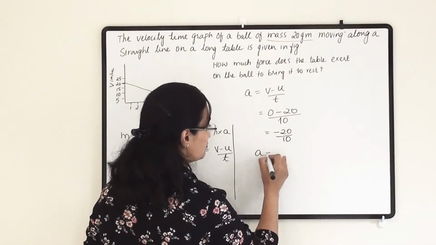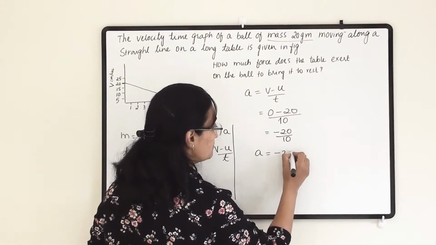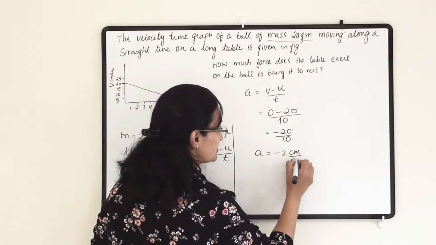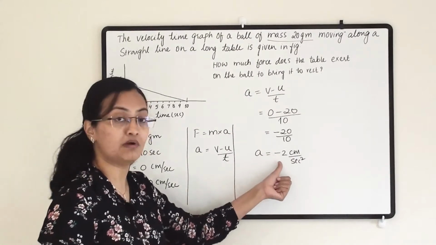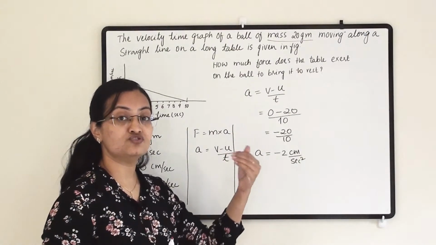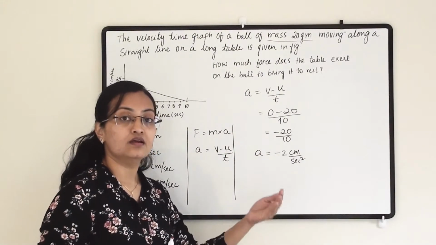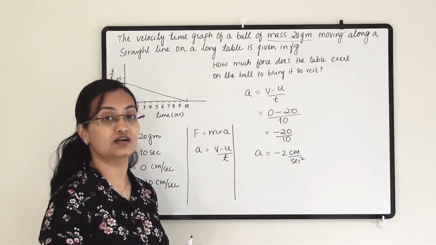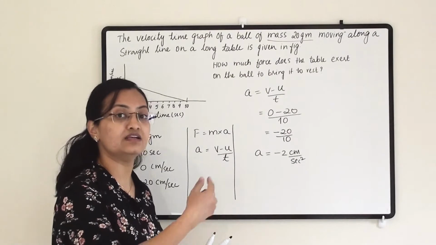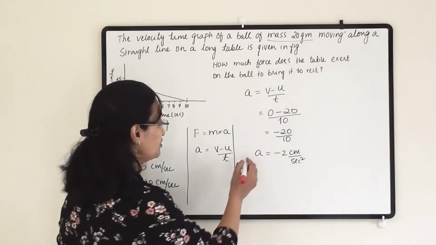The acceleration we get is minus 2 centimeter per second square. The answer is negative because the ball is going to stop, the force will be in the opposite direction, and the velocity is continuously decreasing. So that's why acceleration will be negative.